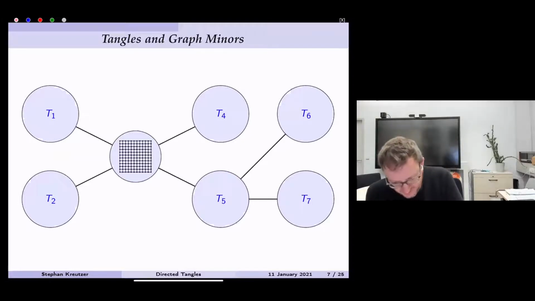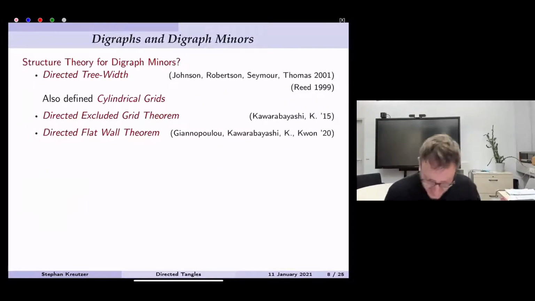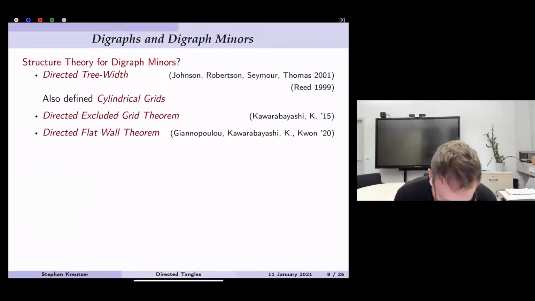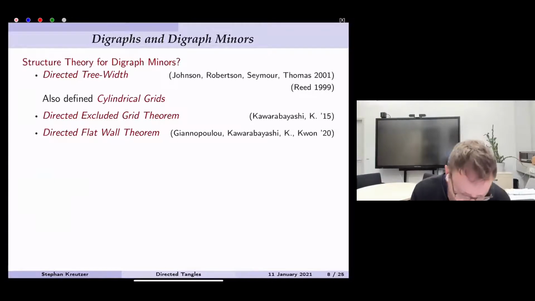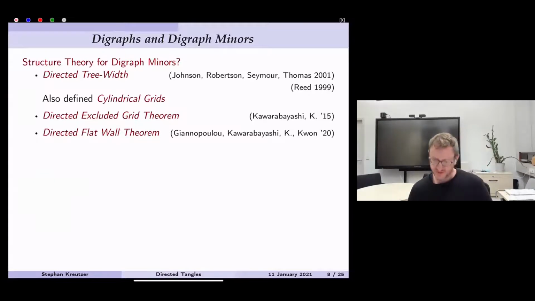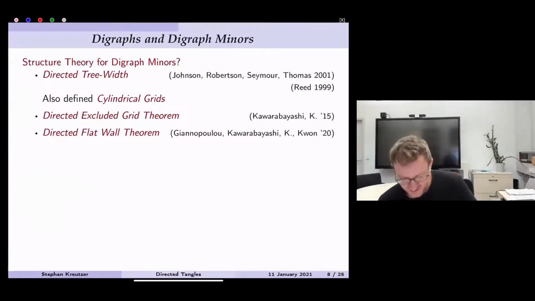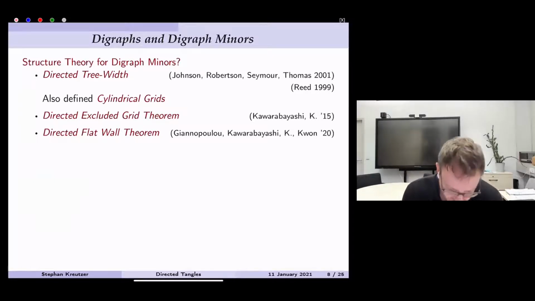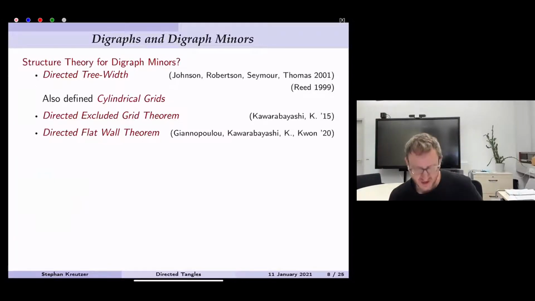Some time ago, Ken and I thought we could try to generalize, or adapt, or modify this from undirected graphs to directed graphs. There was a notion of directed tree width, introduced by Johnson, Robertson, Seymour, Thomas, and also Bruce Reed in the 90s, and there was also the appropriate notion of grids that would correspond to directed tree width, at least it was conjectured at the time.